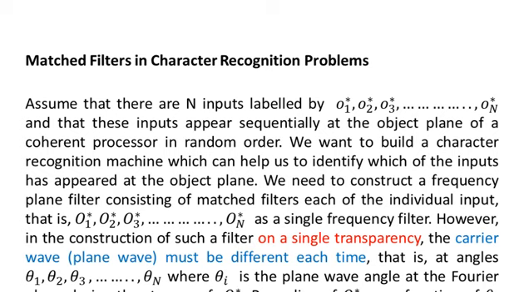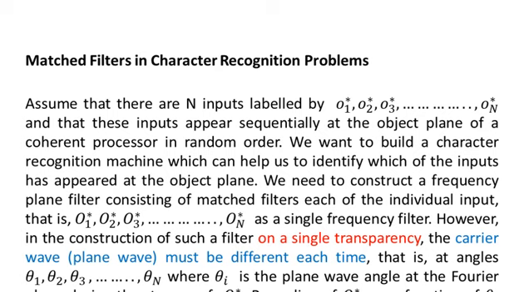So capital O are the spectra of the corresponding images that we have shown above. So we need to construct a frequency plane filter consisting of matched filters of each of the individual inputs, that is O1 star, O2 star and so on up to On star, as a single frequency filter.